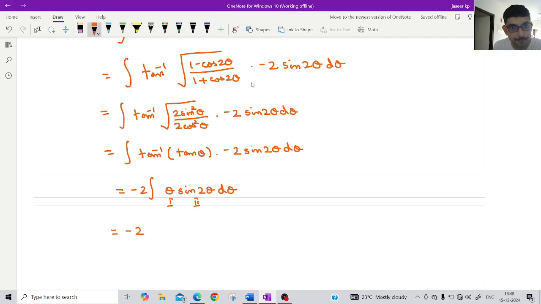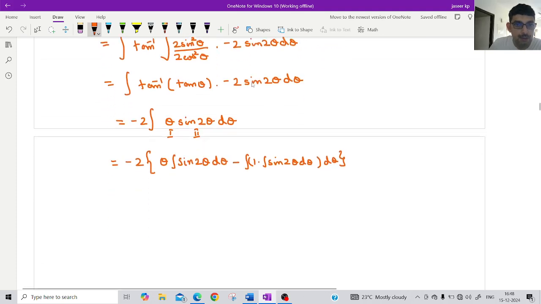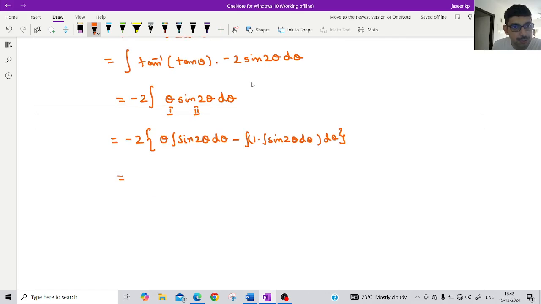So minus 2 times: first function into the integral of the second, that is sin 2 theta d theta, minus the integral of the derivative of the first, that is 1, into the integral of the second. Now this will become minus 2 times: theta into the integral of sin 2 theta, which is minus cos 2 theta by 2, minus the integral of minus cos 2 theta by 2, d theta.